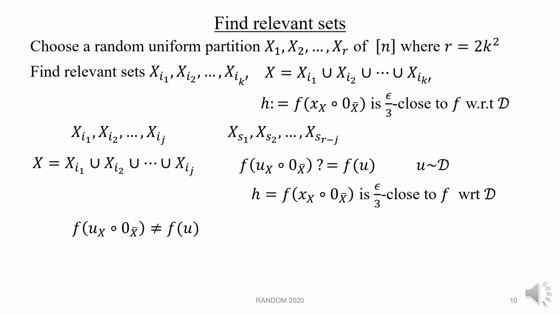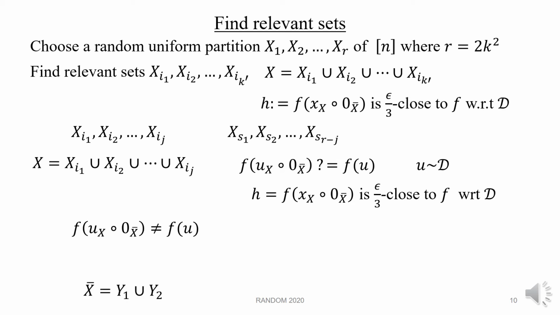If they are not equal for some u, then we do a binary search to find a new relevant set. Notice that those two vectors agree on x, which is the union of the relevant sets. So the binary search should give a new relevant set. How do we do the binary search?